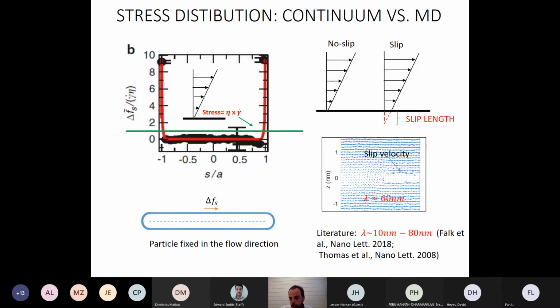Graphene tends to have a very large slip, particularly with water. We measure slip lengths of about 60 nanometers for the force fields that we have used. And this is quite compatible with what was found in the literature by other authors with a variety of force fields and using different methods.